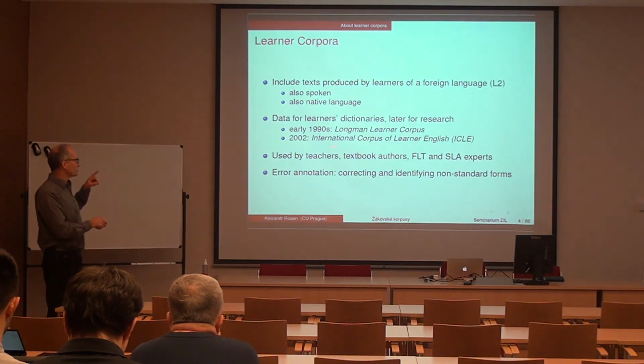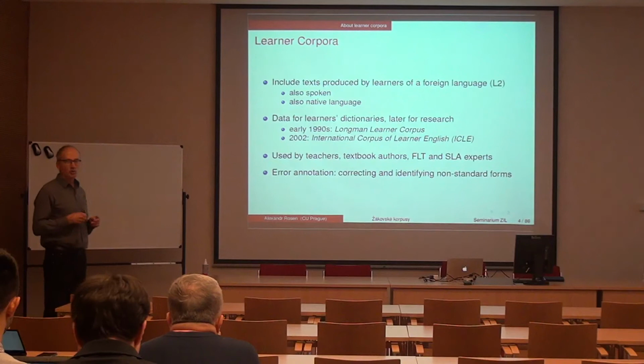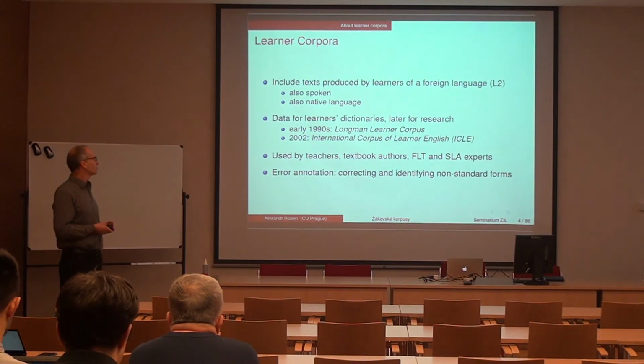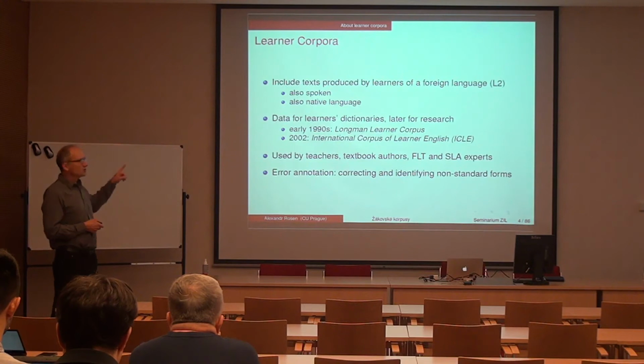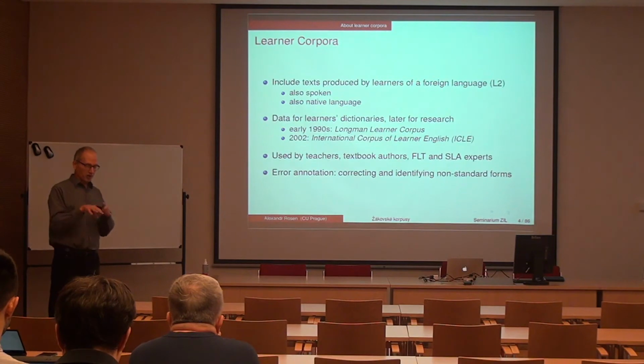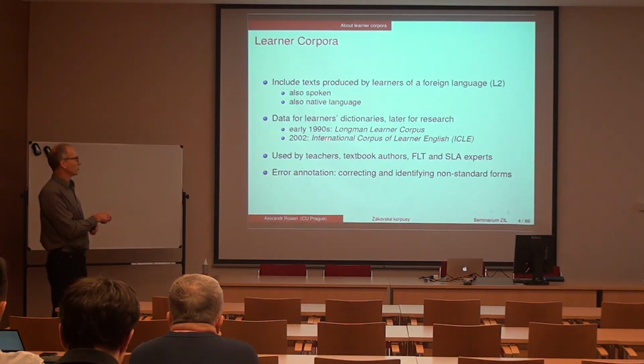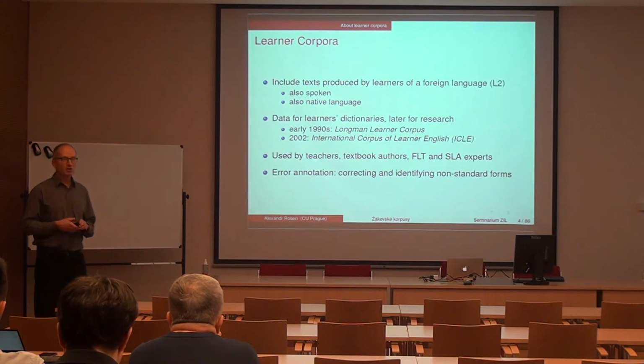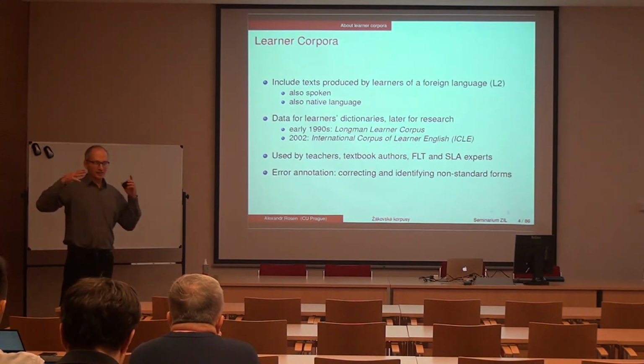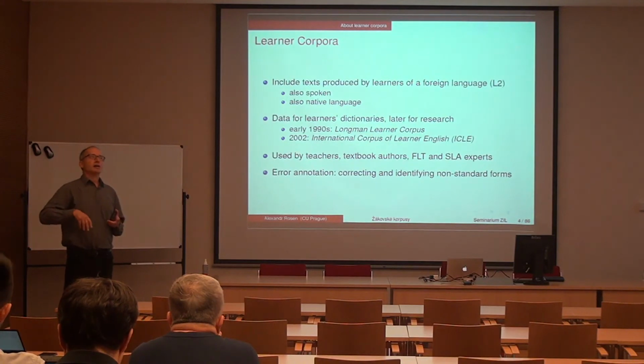At first, the first examples of learner corpora were produced by publishing houses, English of course, for learners' dictionaries. They found it very useful to check which kinds of errors, mistakes the learners make, and then build those dictionaries from it. And then later for research, so this is probably the most famous learner corpus, which consists of balanced samples of English from speakers of various first languages.